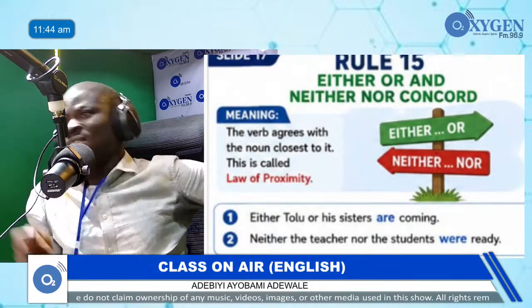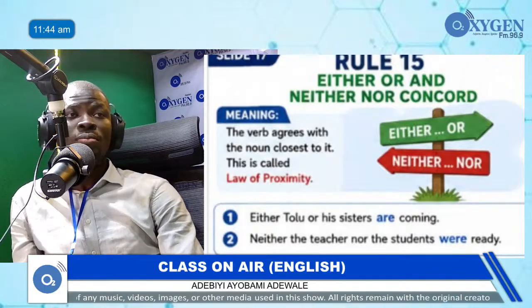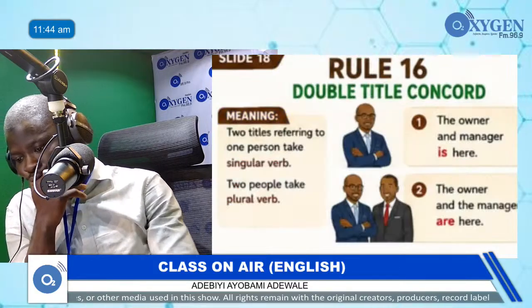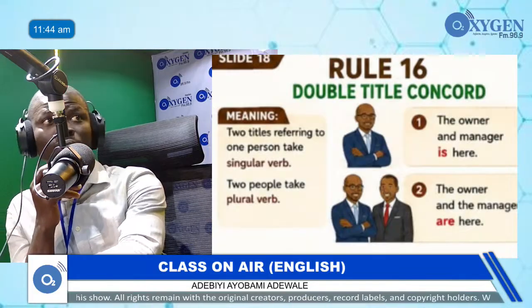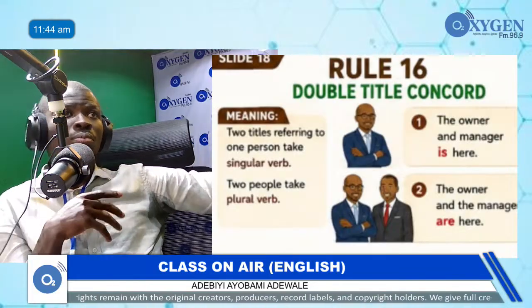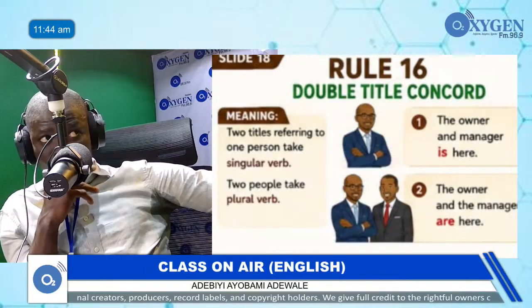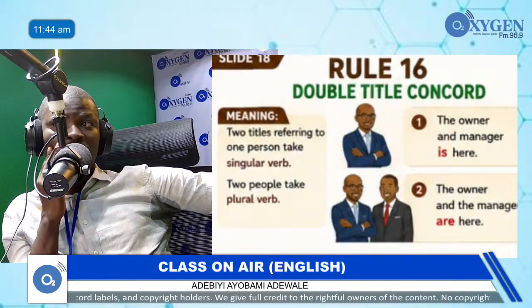Rule 16 is what we call double title concord. And what does that mean?